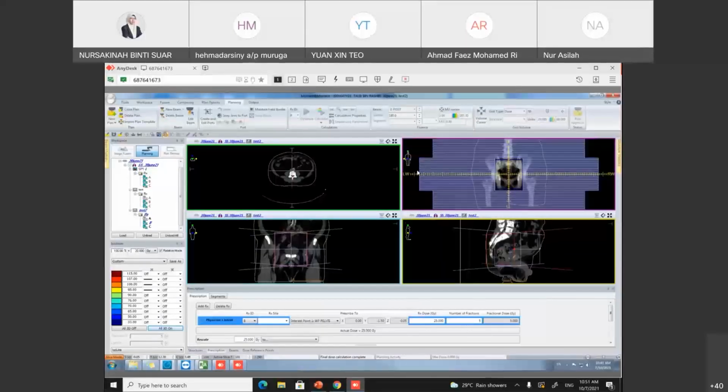So there is a different coverage, there is a different treatment area, treatment region for like CA prostate or CA rectum.